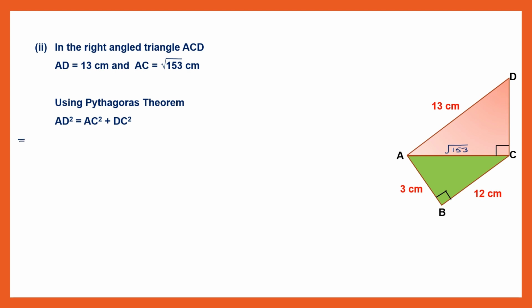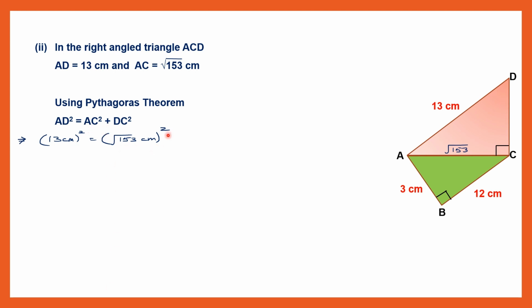So AD square. How much is AD? AD is 13 centimeters. The square of 13 centimeters will be equal to AC square, and AC is the square root of 153 centimeters. Now the square of this. So AC is the square root of 153, but here it says AC square.